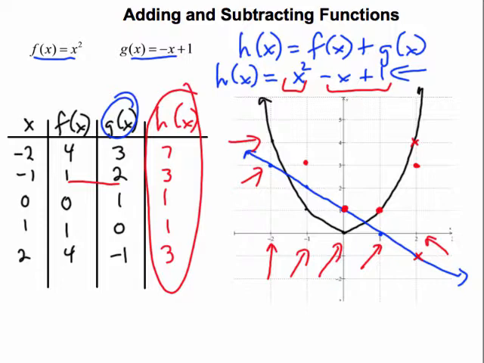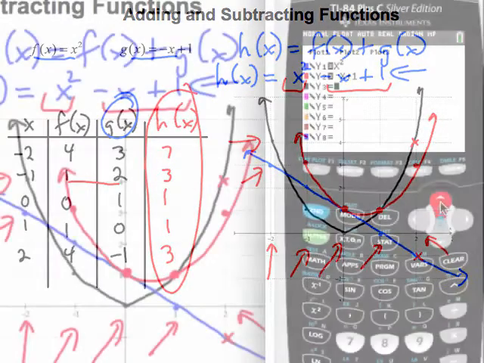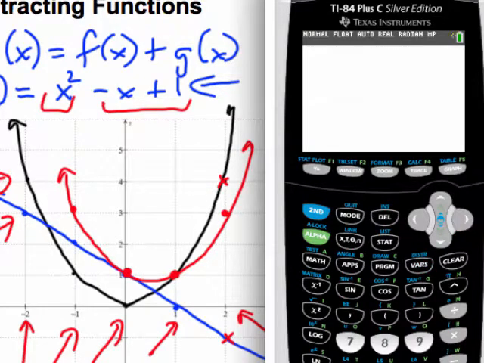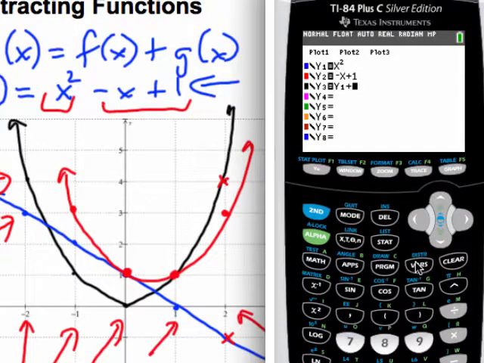And so it looks like maybe our new function is somewhere like that. There's my two functions, and I want my third one to be the sum of the first one plus the second.